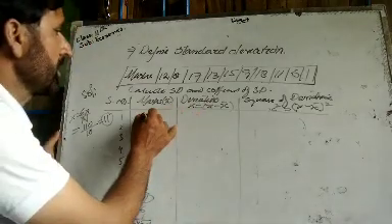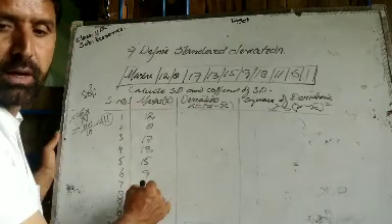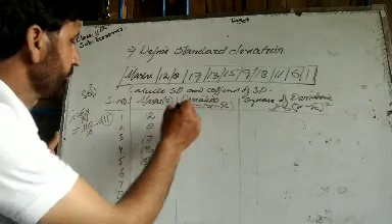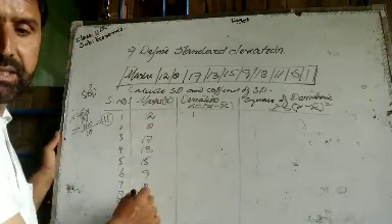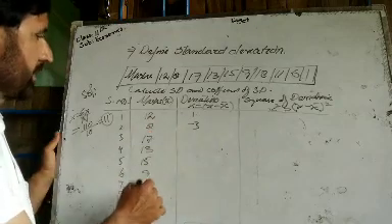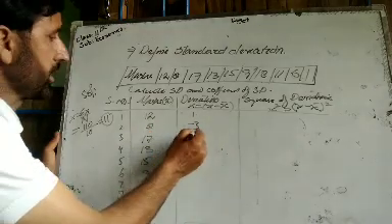Now this x is 12 minus 11, that is equal to 1. 8 minus 11 is equal to minus 3. 17 minus 11 is equal to 6.